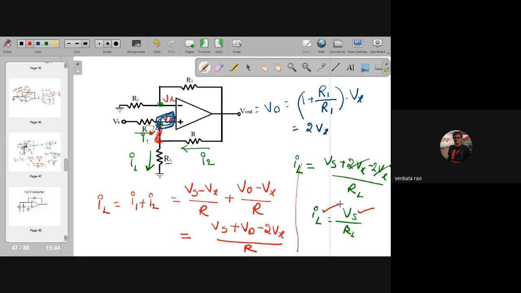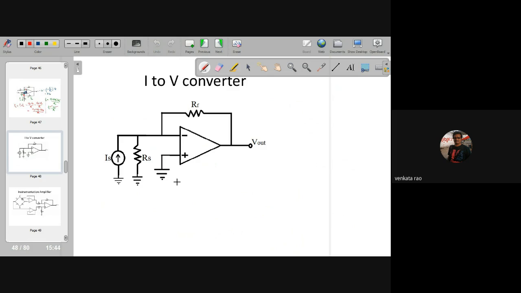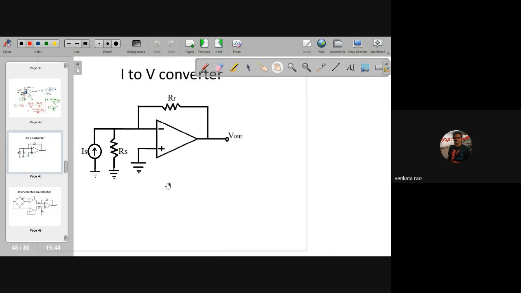These are the voltage to current converters, two circuits. Now I am going to the current to voltage converter. This is your current to voltage converter. Just check how it is a current to voltage converter. First of all, the voltage here is 0 volts, so 0 volts here also.